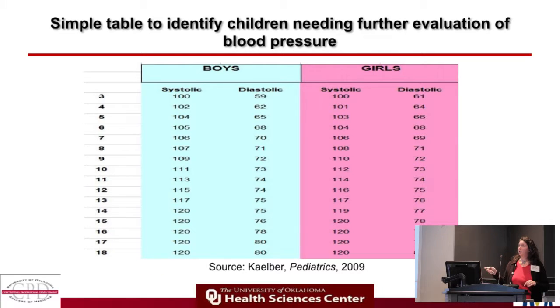So it's a quick and dirty way to say, this may be elevated, and now you need to check those blood pressure charts, rather than doing them on every single kid. As you get to adolescents you'd be able to tell, but for the younger kids, it's hard to know when to actually look for elevated blood pressure.